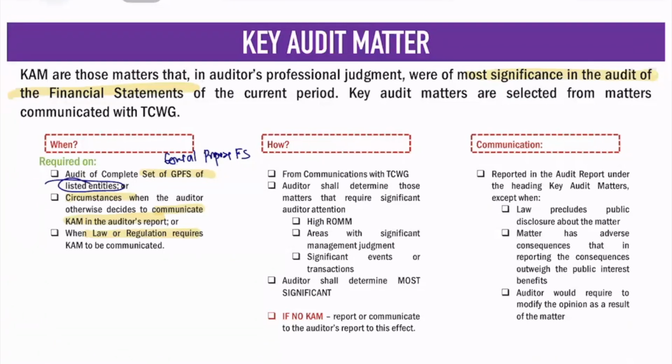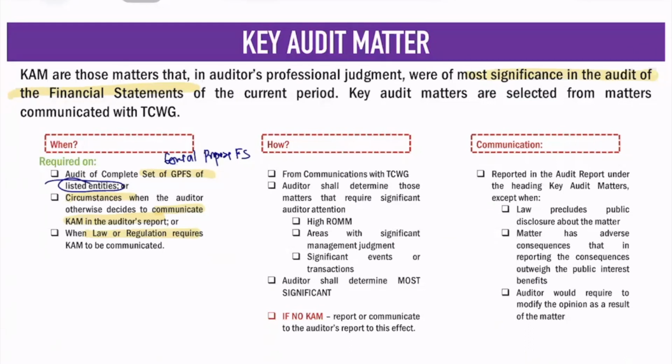For sure, the expected credit loss can be considered as a significant matter, especially banks rely mostly on their lending. So since they rely mostly on lending, you determine the credit loss, and credit loss for sure is a significant matter. So that significant matter can be placed under your key audit matter.